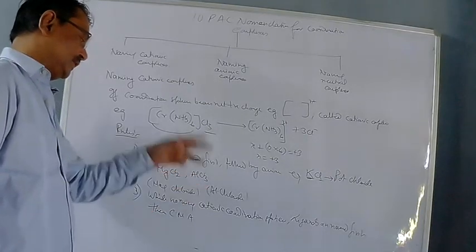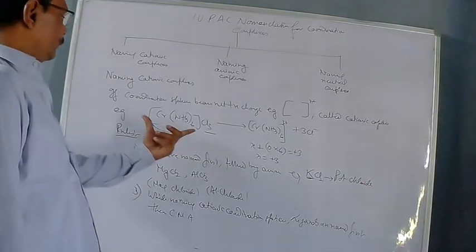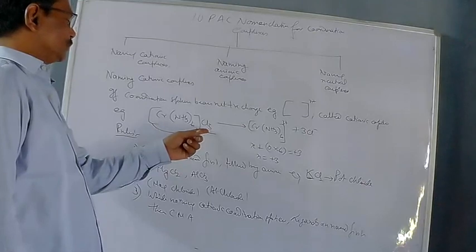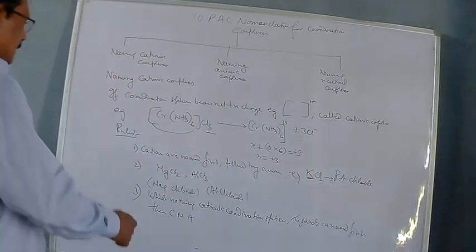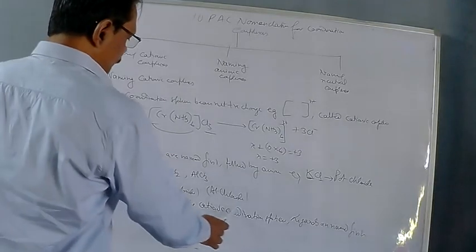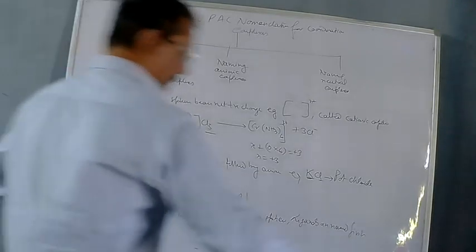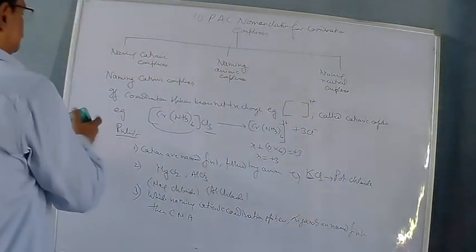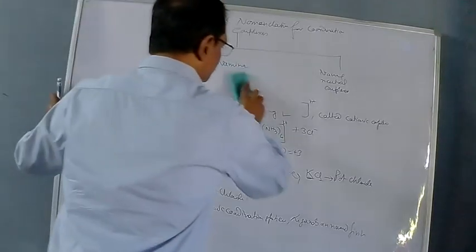Similarly, AlCl3 is always said aluminum chloride, never aluminum trichloride. Remember it, very, very important. Then point number 3, while naming cationic coordination spheres, ligands are named first and then CMA.